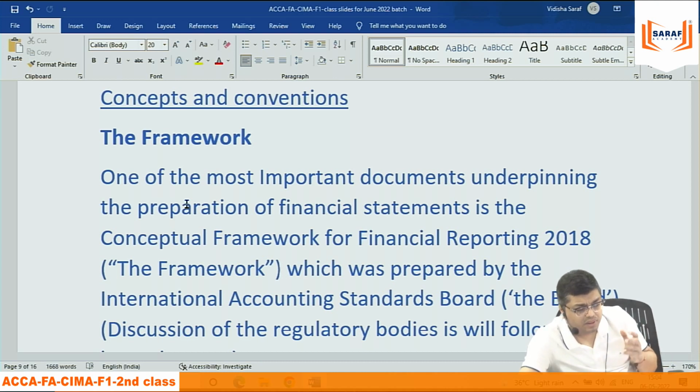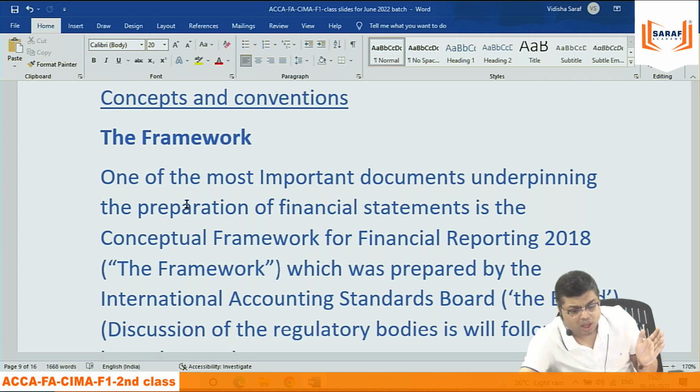Now, up till 2000, the accounting standards were named as International Accounting Standards. After 2000, the name has been changed and they are named as International Financial Reporting Standards. For recording financial transactions, it is standards.